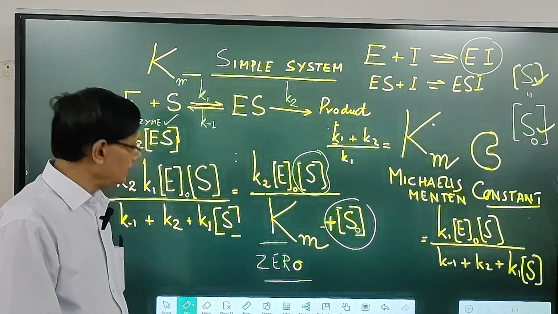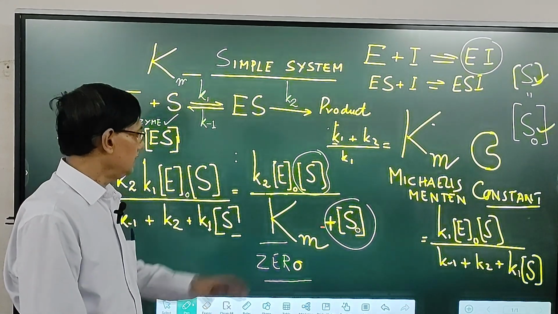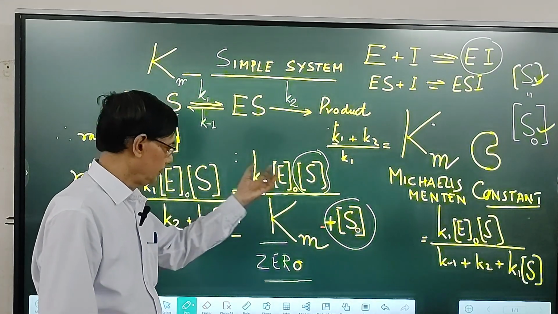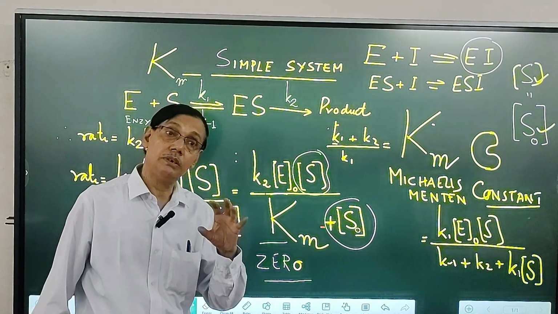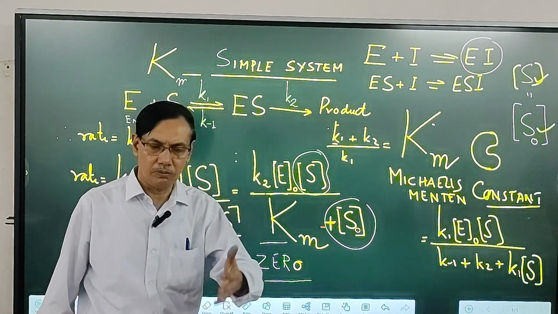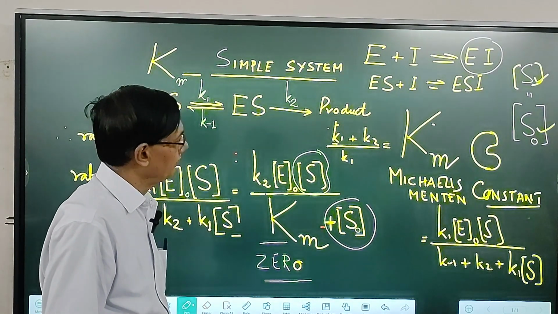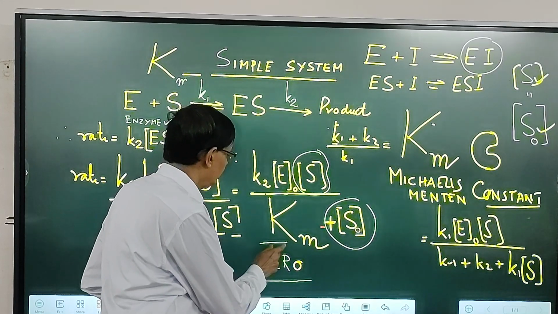Now this type of reaction is actually called the Michaelis-Menten formula. On the basis of this there are modifications, a large number of them: the Eadie system, Haldane system, and Lineweaver and Burk system.